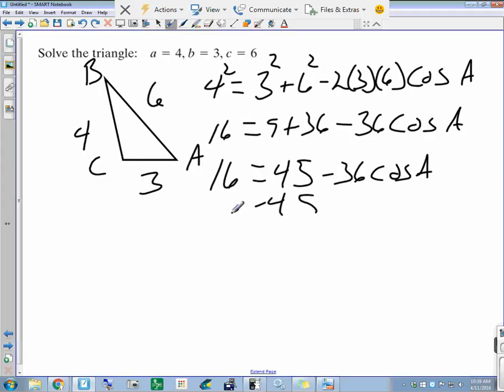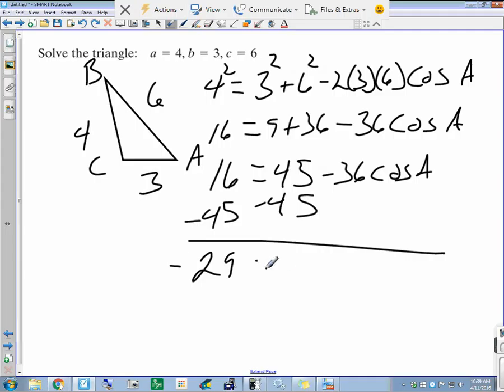Subtract 45. And you end up with what? No. 29? Negative, of course. Minus 36 cosine A.